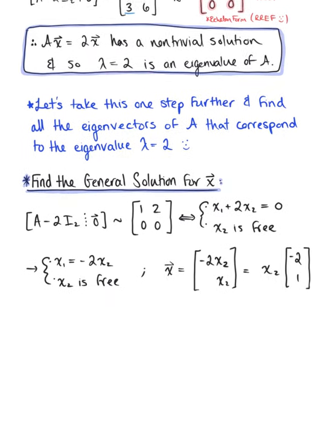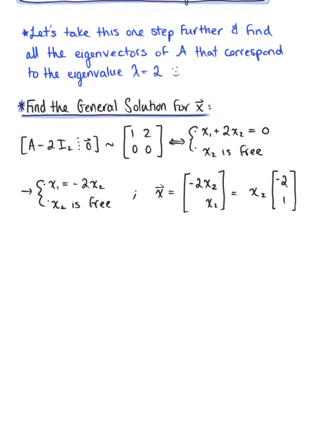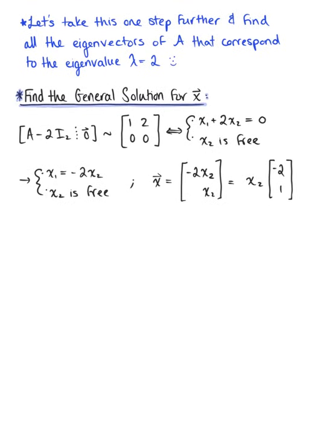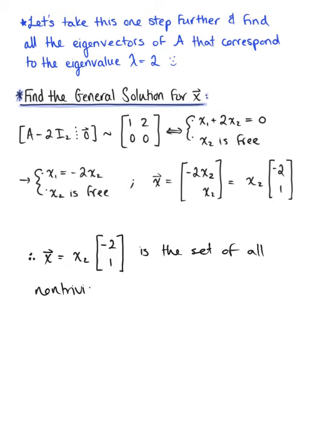And there we have it. What we've found is the set of all possible non-trivial solutions for this given matrix A. Vector x being equal to x sub 2 multiplied by the vector negative 2, 1 is the set of all possible non-trivial solutions to the equation matrix A times vector x is equal to 2 times vector x.